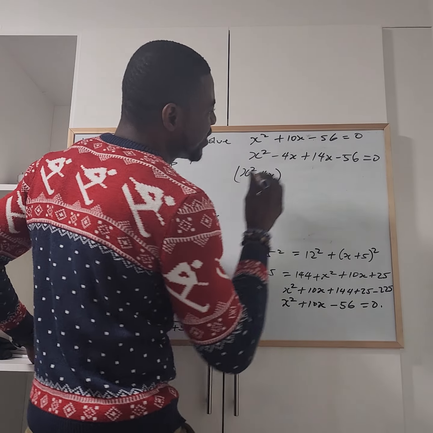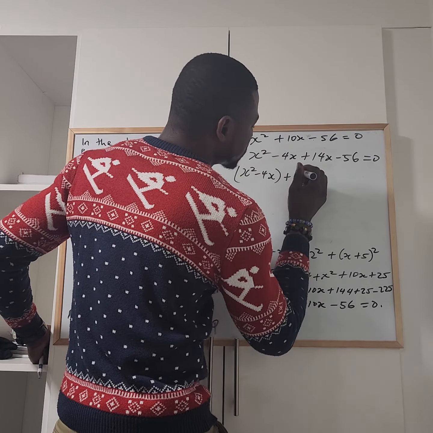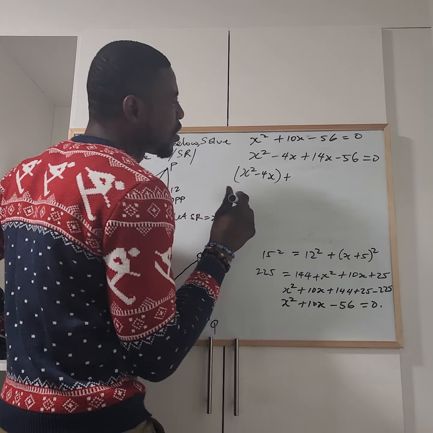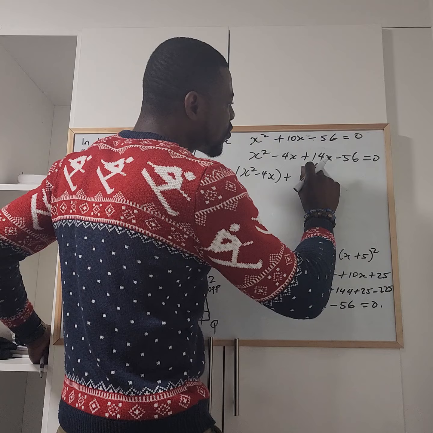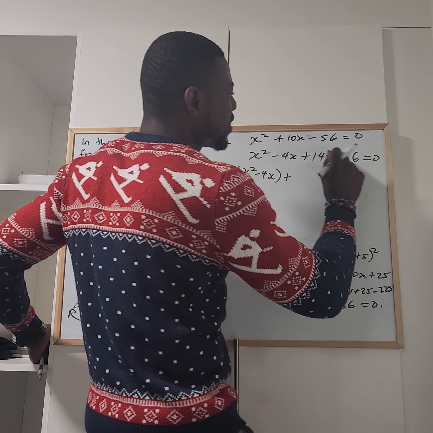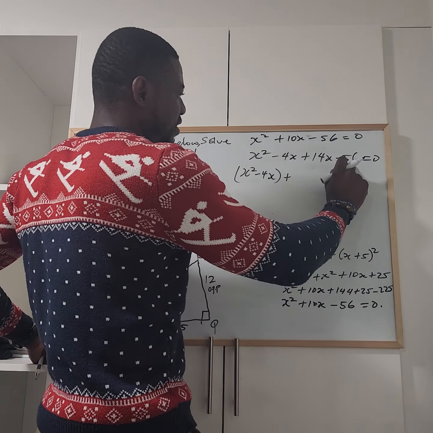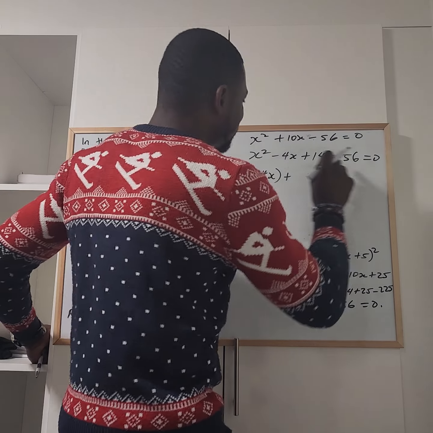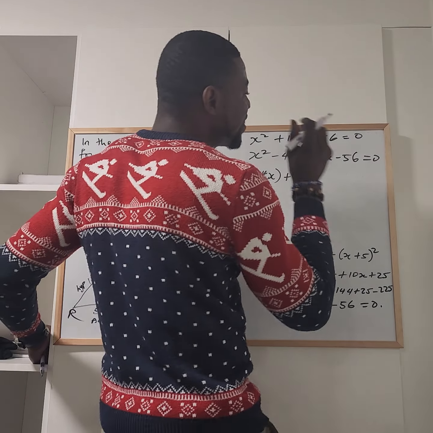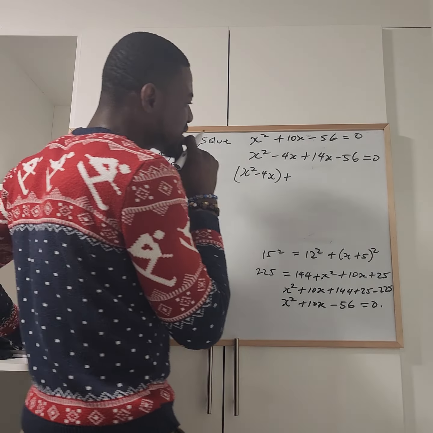You can leave it in a bracket. Plus, what can divide 14 and 56? Remember that the contents of the bracket must be the same. All right? So what can divide 14 and 56?